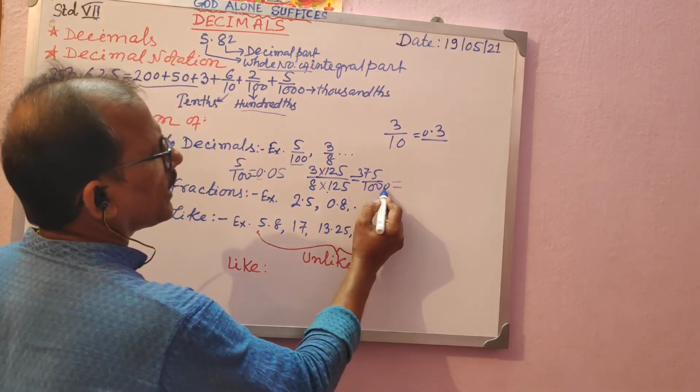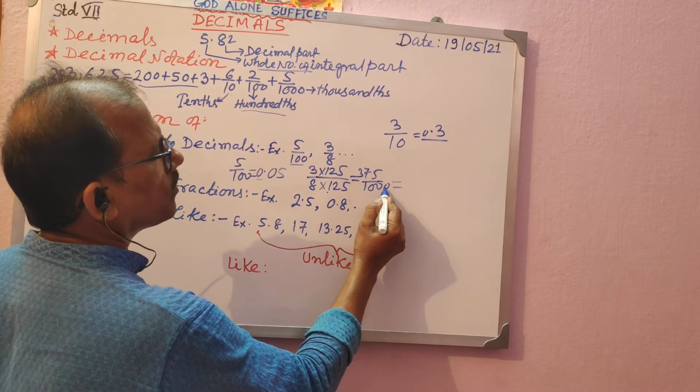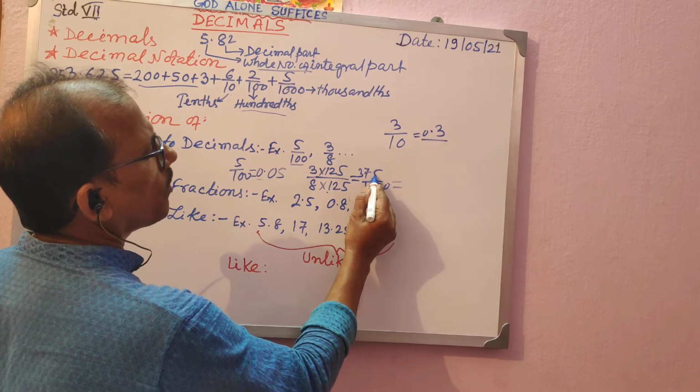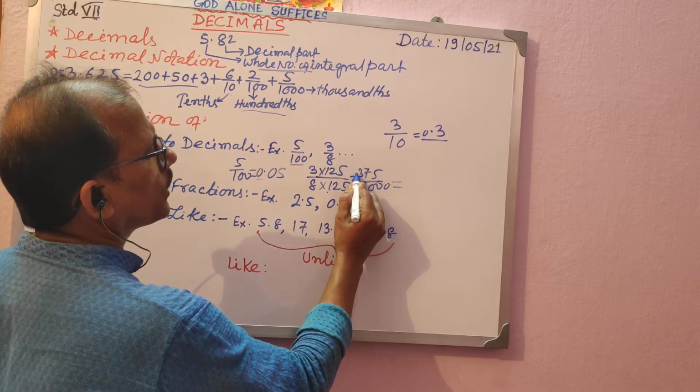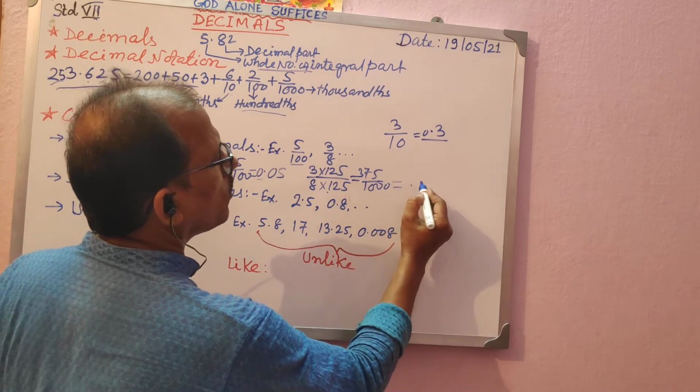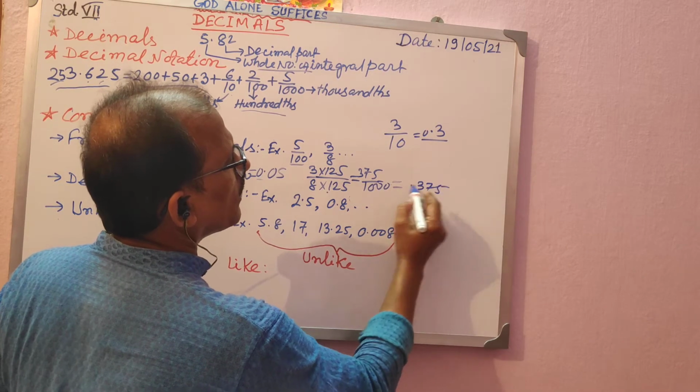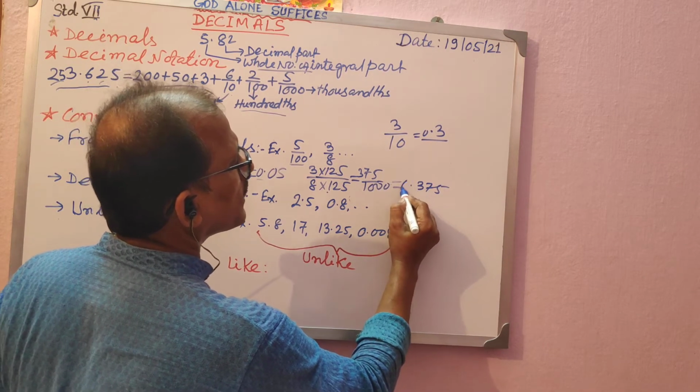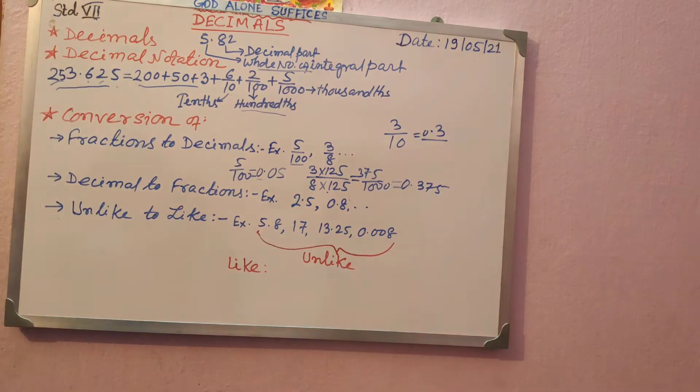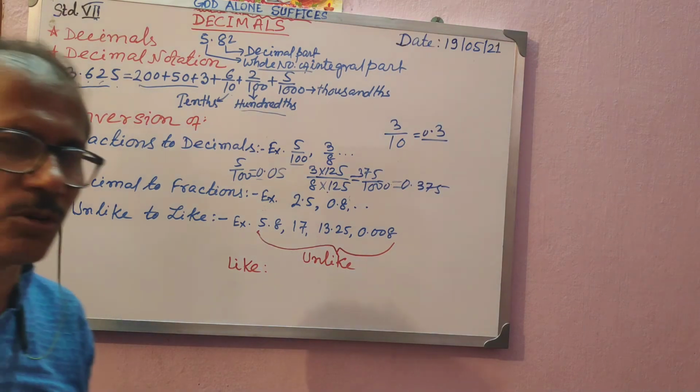See, as many zeros are there, 375, 1 2 3 zeros. So from the beginning 3 digits are already there, so the point will be here only, 375. For the whole number part, nothing is there, that is why you have to put a 0. So 0.375. I hope you have understood it. When you do the exercise, you will be more thorough. You have done it also, that is why I will not give you much elaboration.